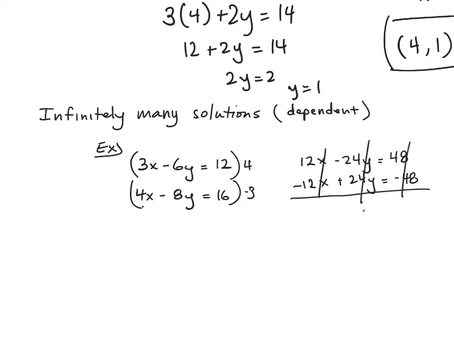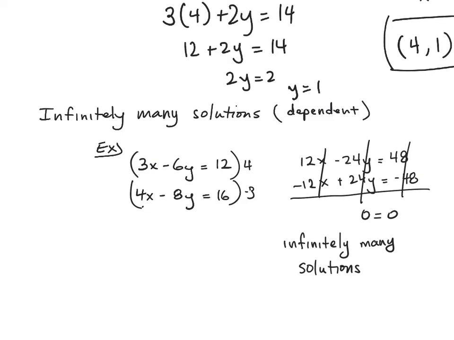Everything eliminates, and we have the statement 0 equals 0. Whenever you have this statement 0 equals 0, that's an indication of a dependent system of equations, and you would write infinitely many solutions.